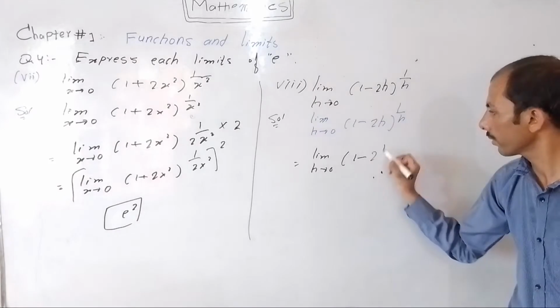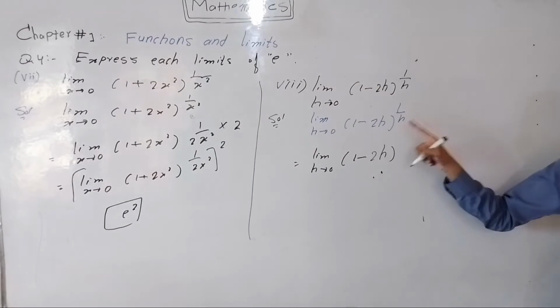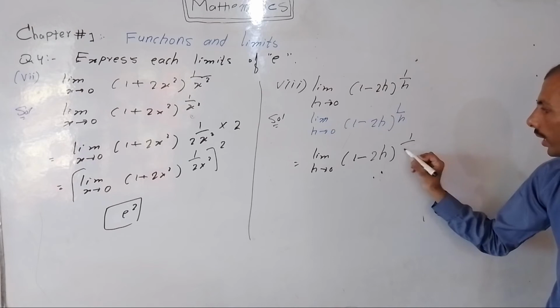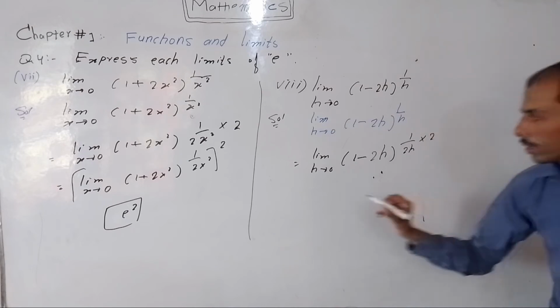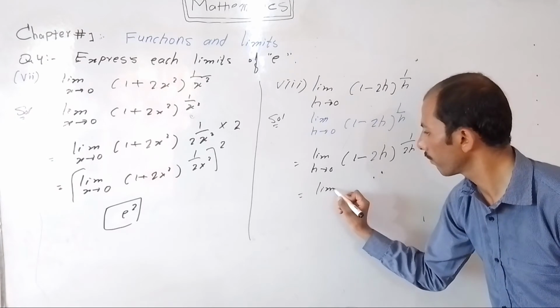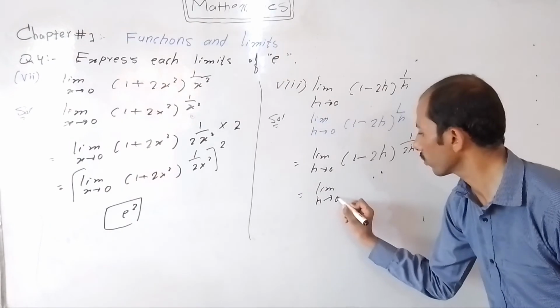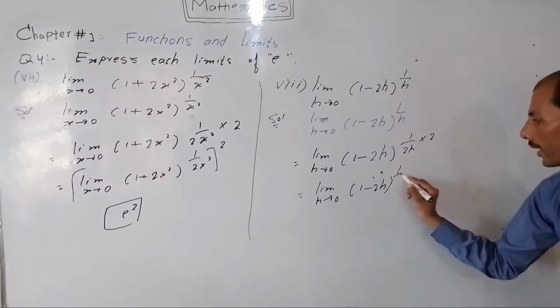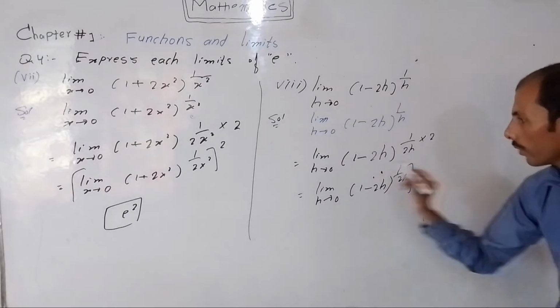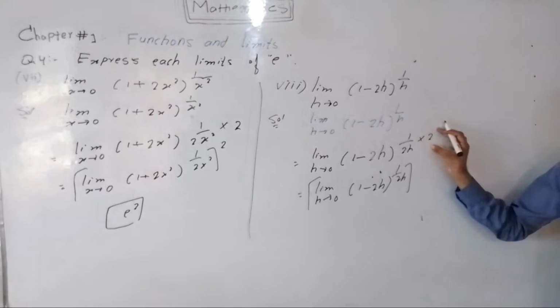So we make multiplying and dividing by 2. 1 divide 2h multiply 2 is equal to limit h approaches 0 of (1 minus 2h) whole power 1 divide 2h, again whole power 2.